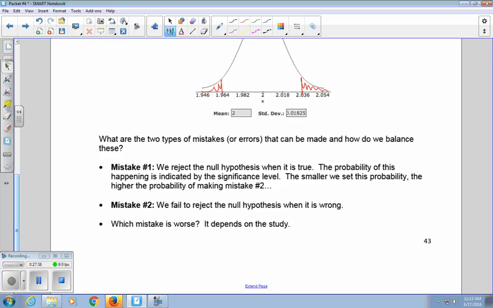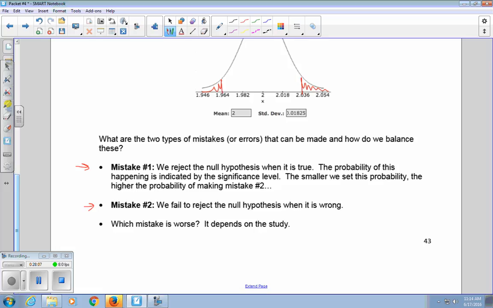So you have to think of these two mistakes as a balancing point, and you don't really want to make either mistake, but there's always a probability. If you try to eliminate mistake 1, it makes mistake 2 more likely to happen. And if you try to eliminate mistake 2, it makes mistake 1 more likely to happen. So it's a fine balancing point.